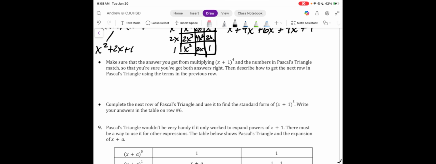Okay, so describe how to get the next row in Pascal's triangle using the terms in the previous row.